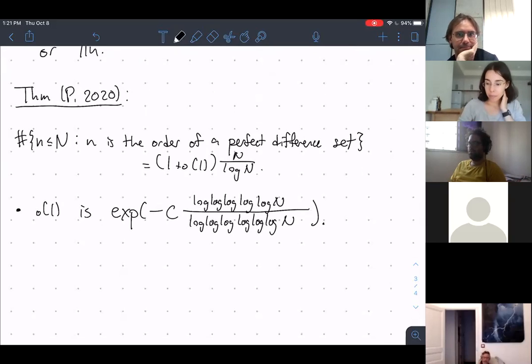In general, things seem to be much harder. As an example of this, we know the prime power conjecture for n up to 20 billion, but we still don't know if there's a finite projective plane of order 12. So saying things about general projective planes is a lot harder.